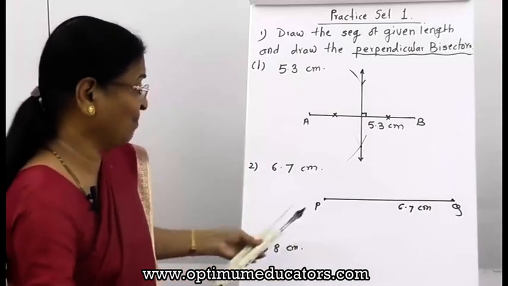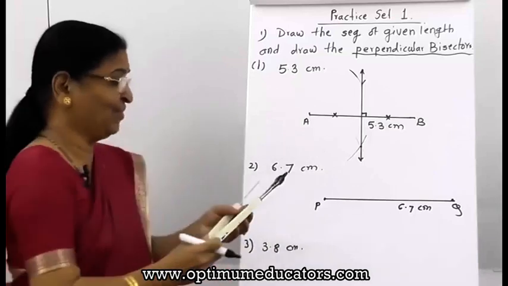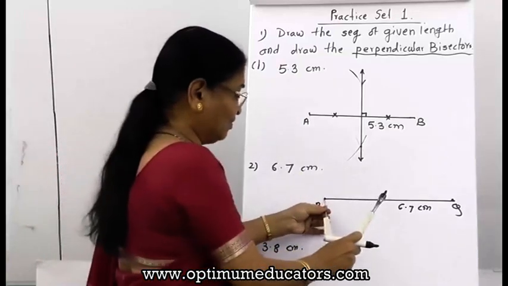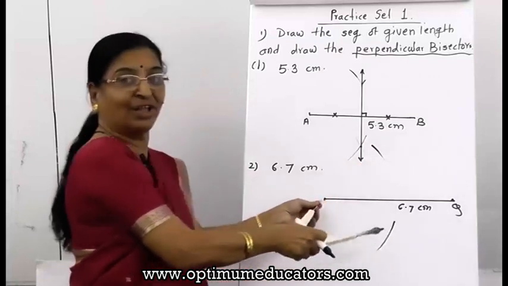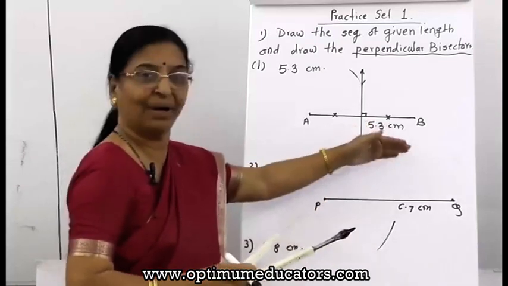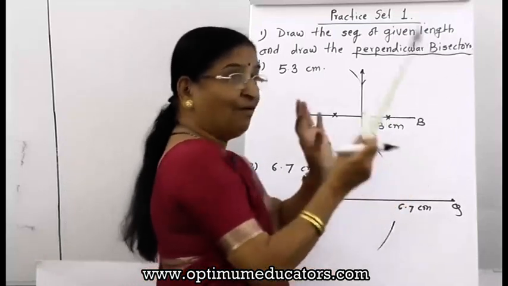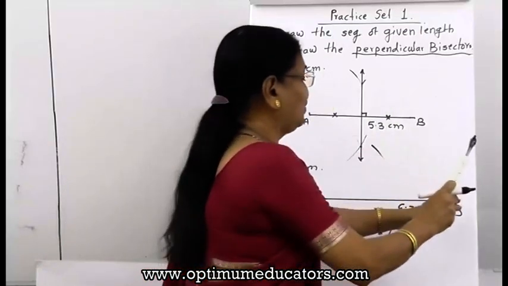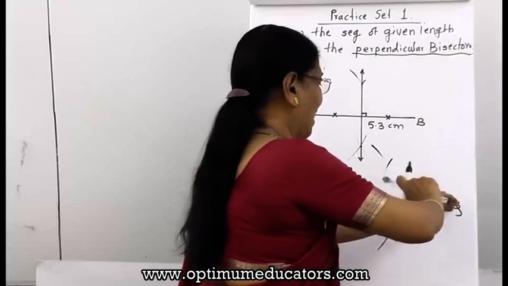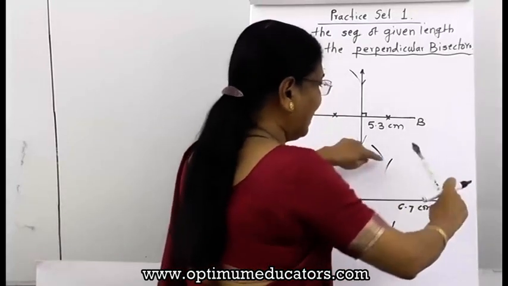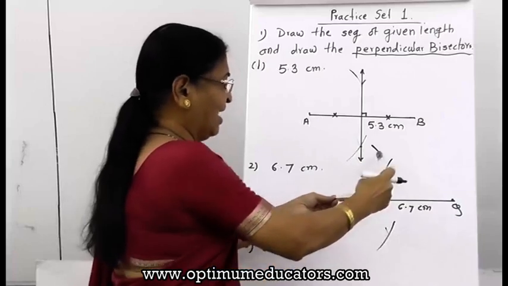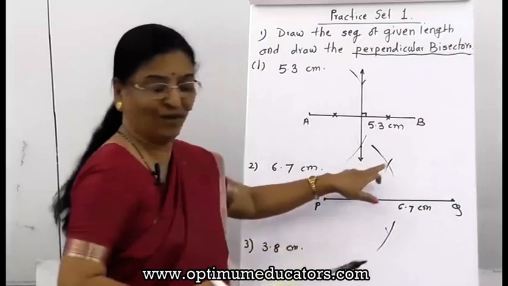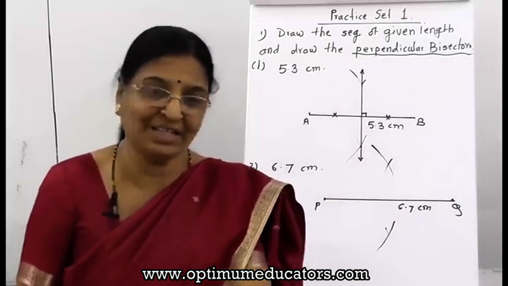Now what can I do? Again take a compass, take a distance more than half and mark it on both the sides of the segment, that is the upper and the lower part. With the same distance, don't try to change it. We have to mark the two. See here, you can't intersect it, so again keep it here and extend it so that you will get a point of intersection.